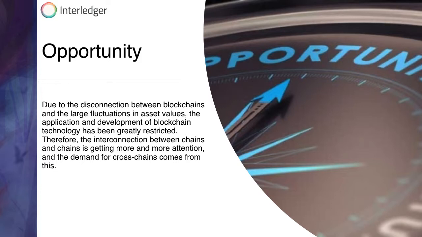Therefore, the interconnection between chains is getting more and more attention, and the demand for cross-chain comes from this. And this is exactly what Ripple does with the Interledger protocol.